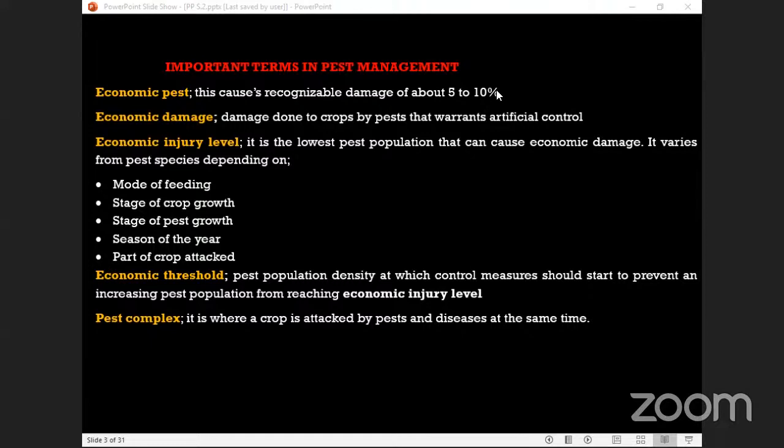And then season of the year. Some pests are more active during a wet season and then dormant during the dry season. Stage of pest growth. The larva stage is more dangerous compared to the adult stage in some species.